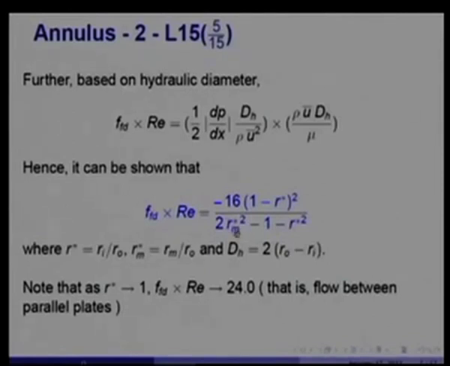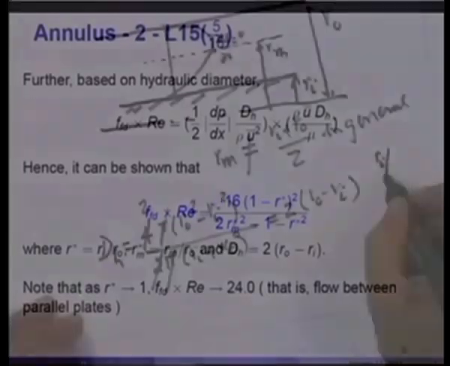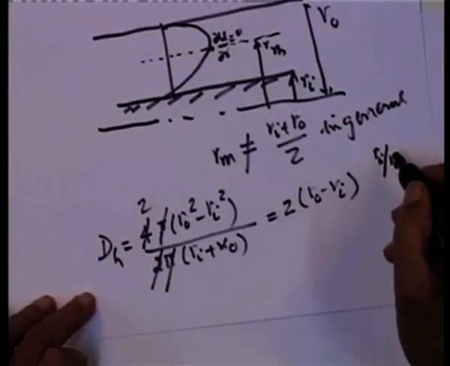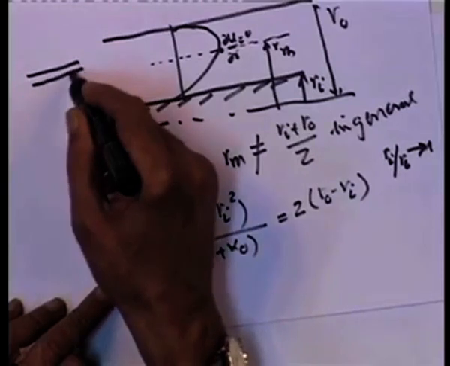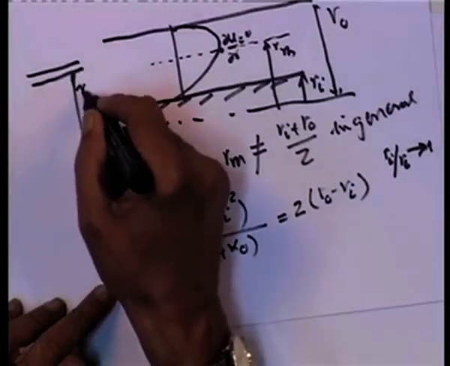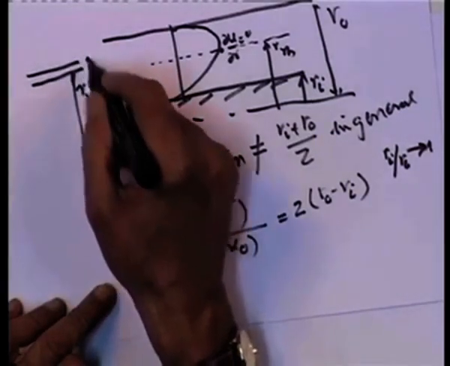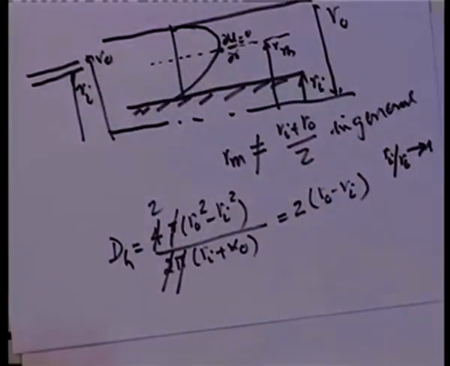Now, of course, as you can imagine, when r_I/r_O tends to 1, that means the two radii are very close to each other. Then we practically have the case of flow between two parallel plates, for which f times Reynolds number is 24, as you derived in your undergraduate class.